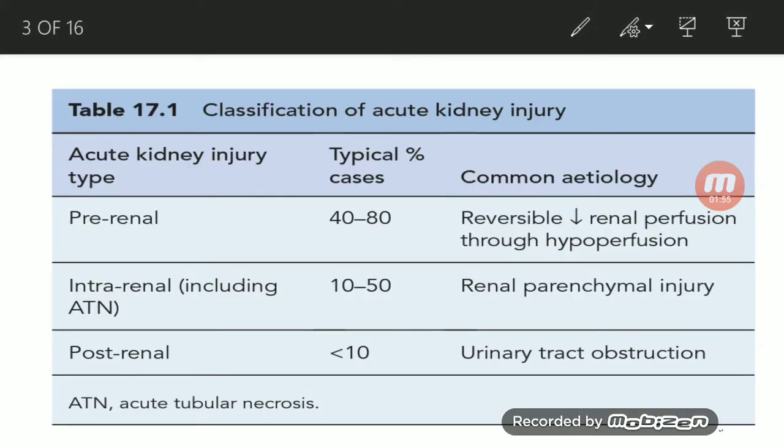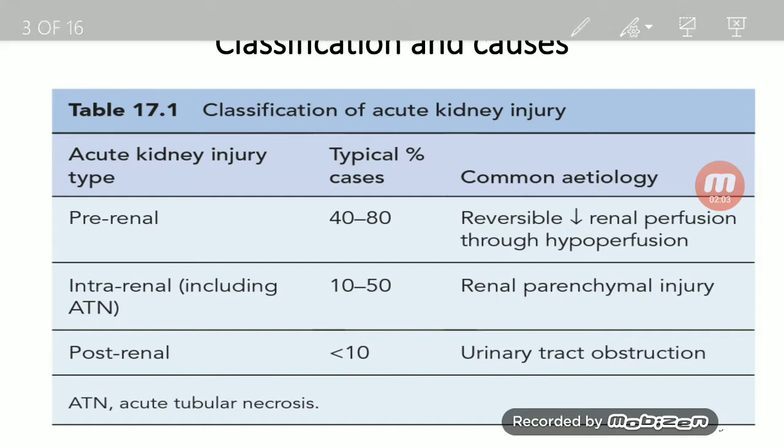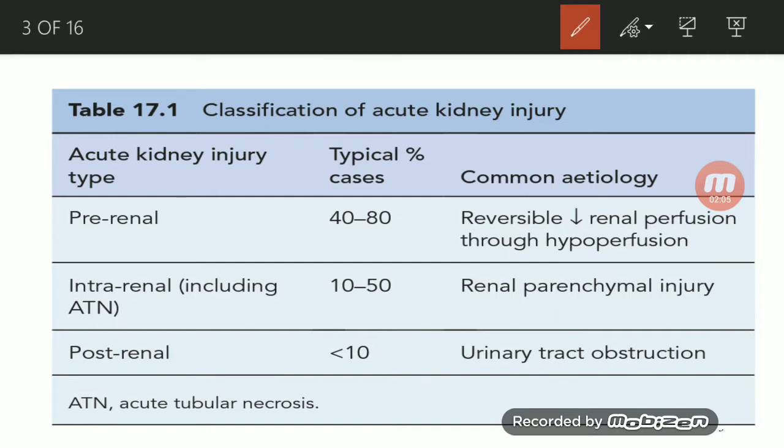So, classification of acute renal failure and its causes. Acute renal failure can be classified into three different types. First is pre-renal, which accounts for around 40 to 80% of all acute renal failures.